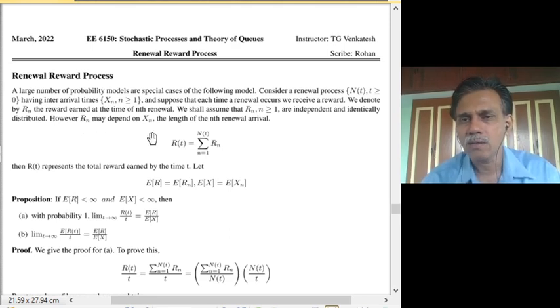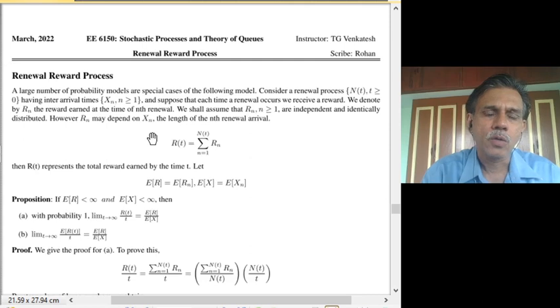So, R1, R2, R3 do not dictate the value of R4. They are identical in that sense, but Rn may depend upon Xn.